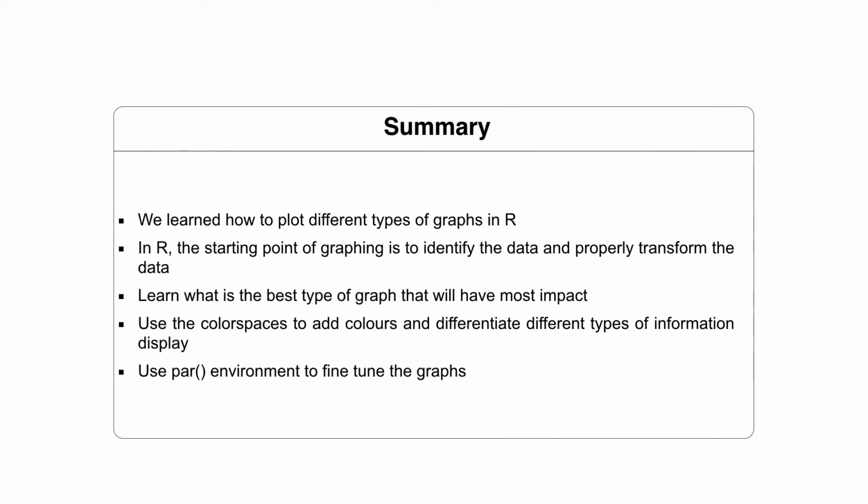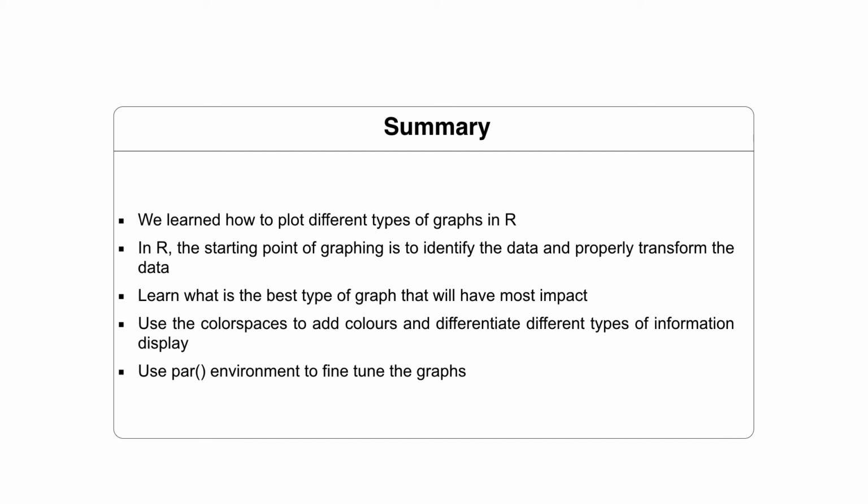So in summary, we learned how to plot different types of graphs in R. Remember that in R, your starting point of graphing is that you should identify the data and transform the data properly so that you know exactly what you're doing. We selected a tricky example of taking wide formatted data and converting that into long.